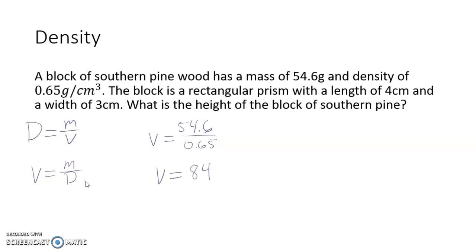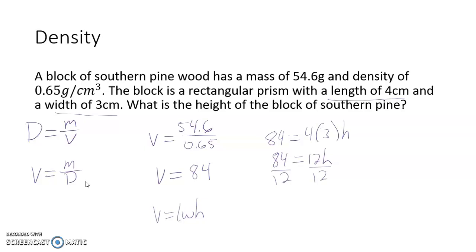Once I divide that, remember that volume is length times width times height of a rectangular prism. Well, we know our length right here. We know our width as well. We know our volume. Our volume is 84, so 84 equals 4 times 3 times h, which is our height. So we got 84 equals 12h. Divide both sides by 12, and that gives us that our height is 7 centimeters.